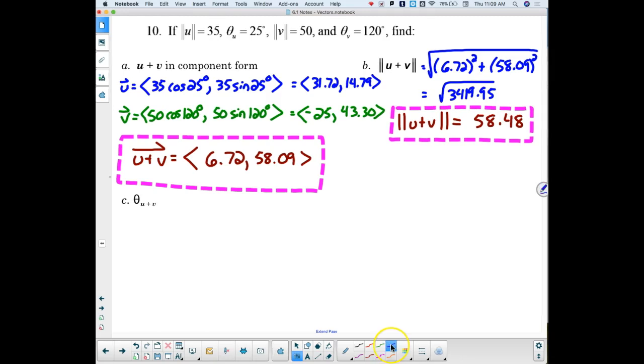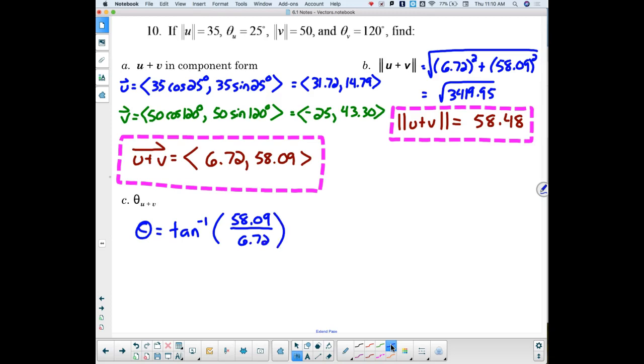Direction angle of u plus v. I'm in quadrant 1 because I have positive horizontal and positive vertical. So theta is my reference angle, and that's going to be the inverse tangent of 58.09 divided by 6.72.